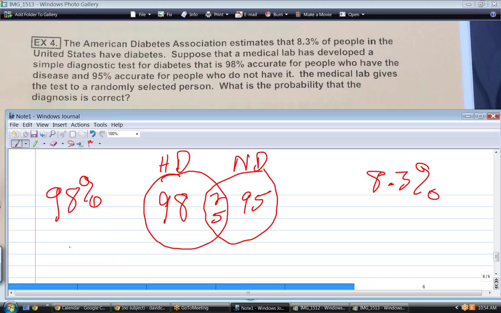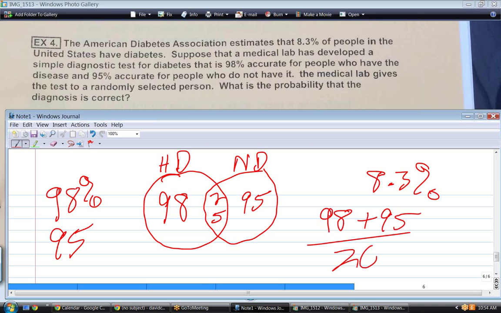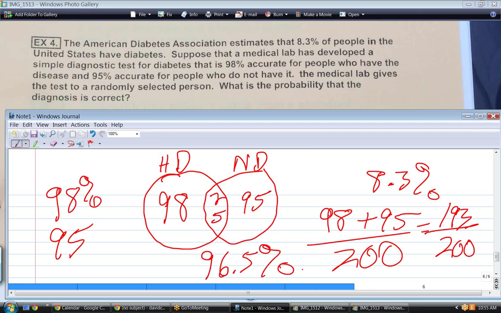If you don't have diabetes, it's 95%. So I think we would have to take 98 plus 95 and divide it by 200. Okay. Just right offhand, which gives you 193 over 200, which gives you 96.5%.